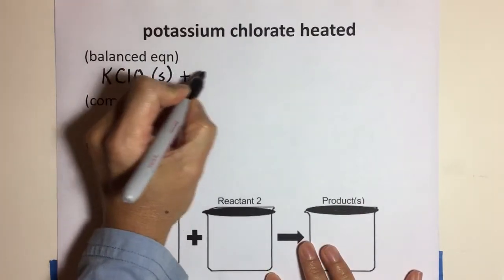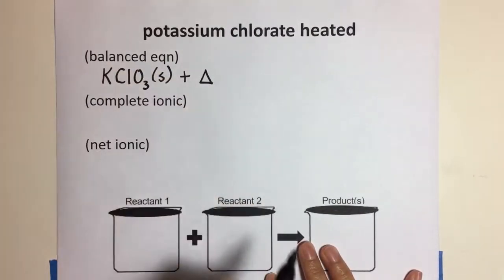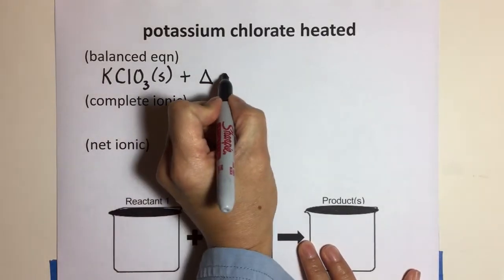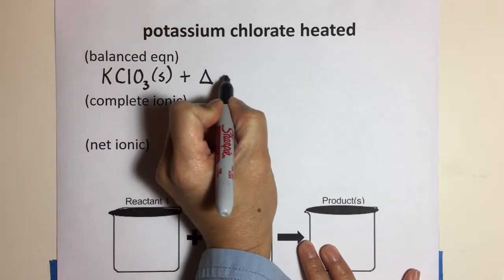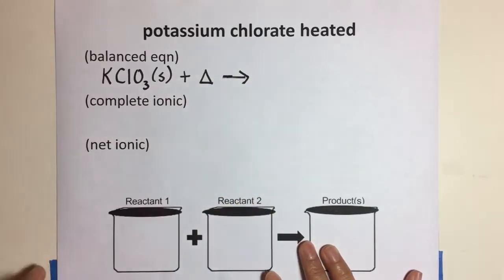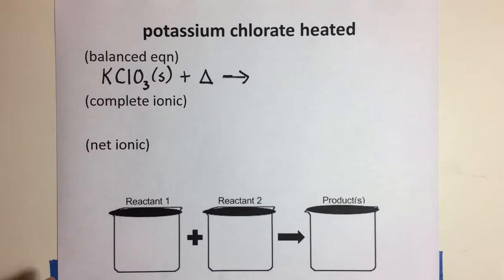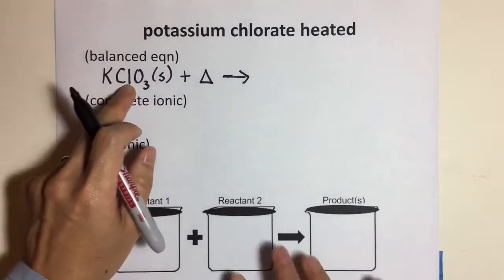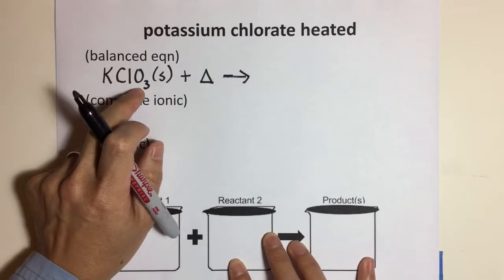So I'm going to add heat. And remember, the heat can be added using a triangle or the triangle with H. So the arrow is going to go to the formation of the products. Now, how do I know what substances will form as a result? Well, chlorates tend to expel oxygen.